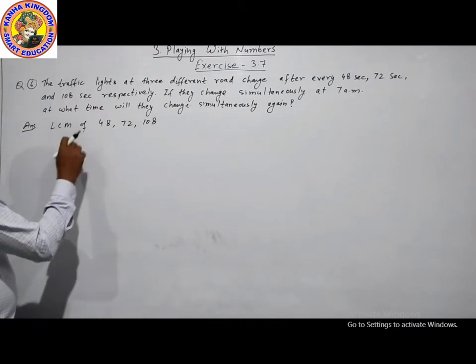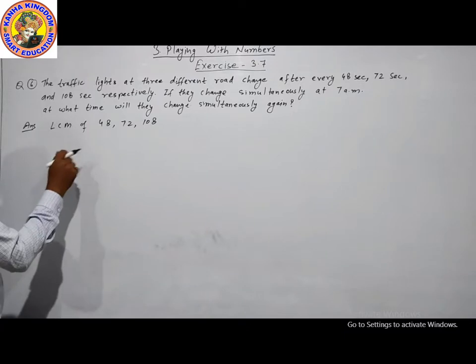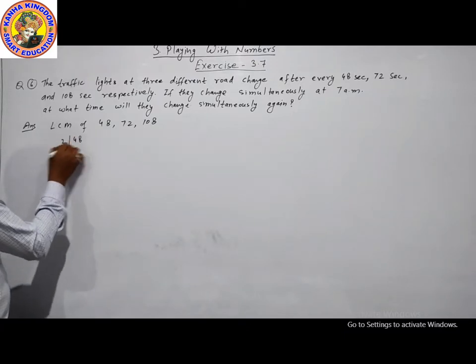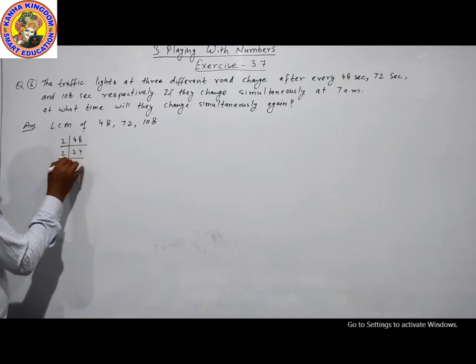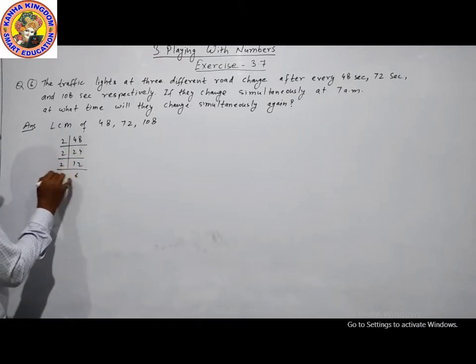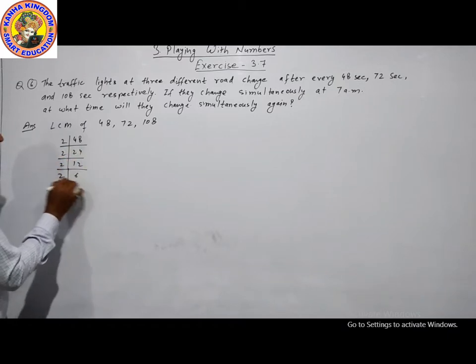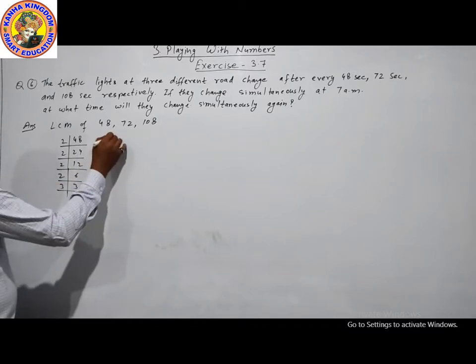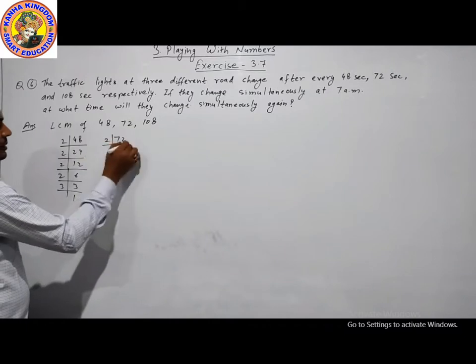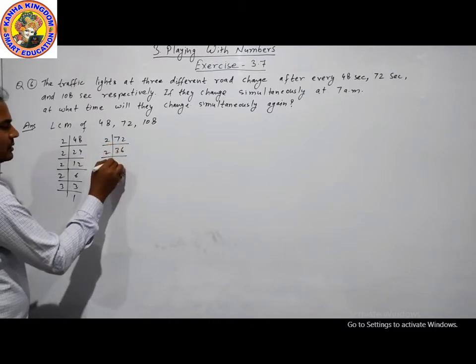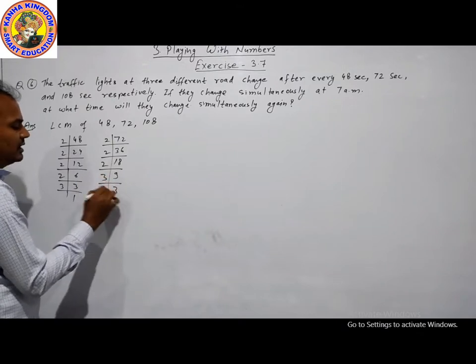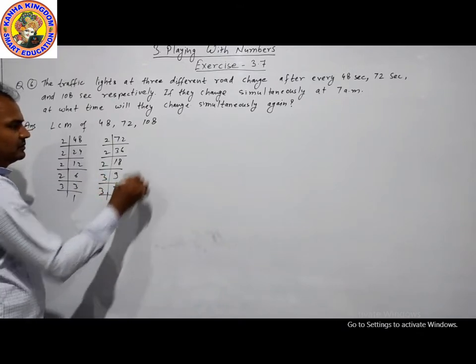You can directly find the LCM of these, or by another method we will find the prime factors. 48: 2, 24, 2, 12, 2, 6, 2, 3, 3, 1. 72: 2, 36, 2, 18, 2, 9, 3, 3, 3, 1.